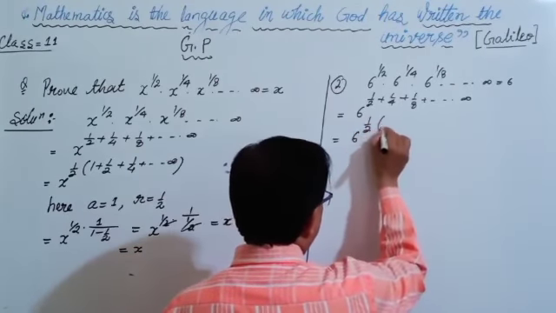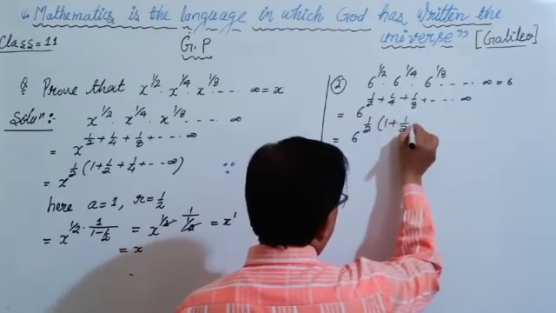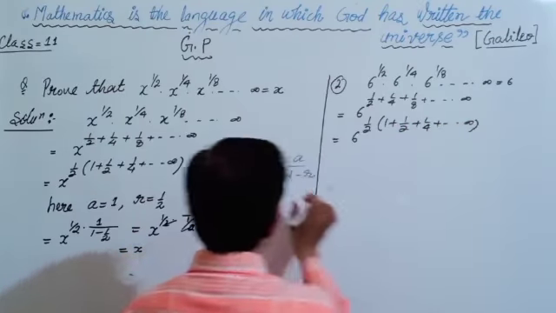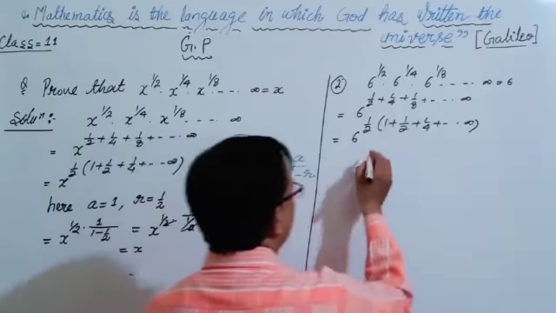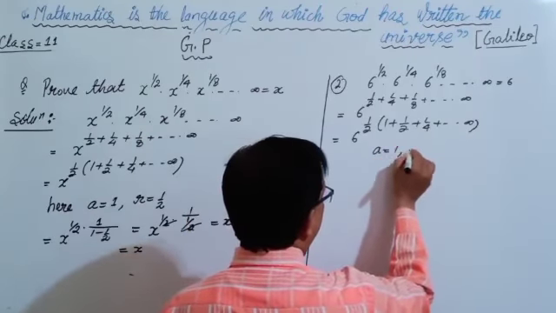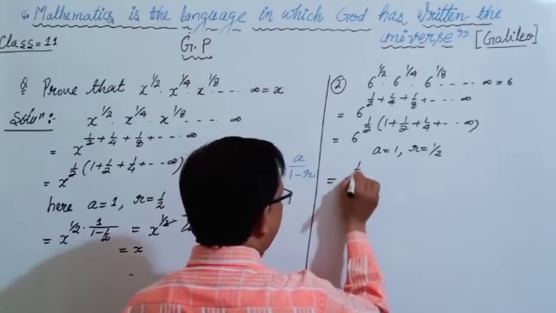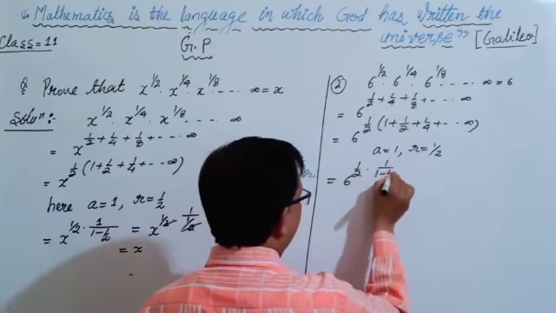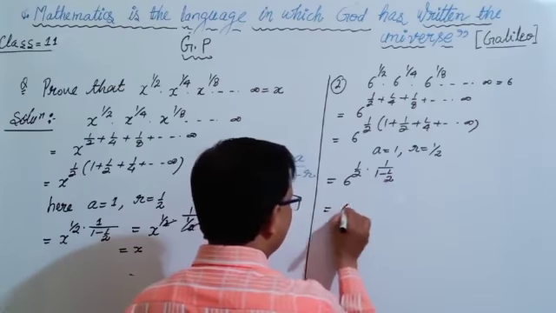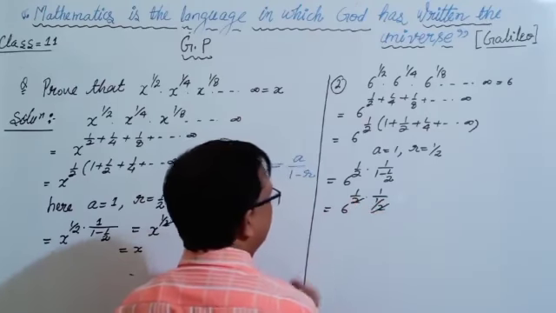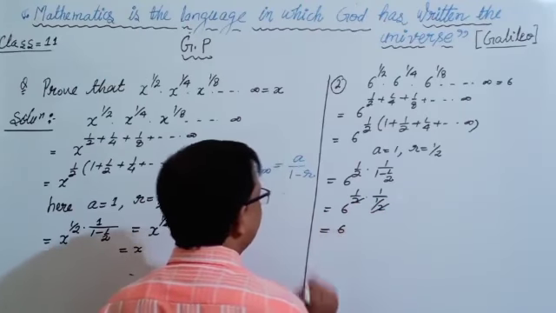So we take 1 by 2 common, so this is 1, 1 by 2, 1 by 4 up to infinite. Now we apply the same formula. So here A is also 1 and R is 1 by 2. So this is 6 to power 1 by 2, 1 upon 1 minus 1 by 2. So this is 6 to power 1 by 2 into 1 upon 1 by 2. This 2 cancels out. So the final answer is 6.